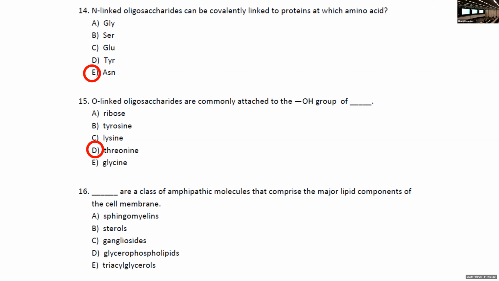A negative phosphate group makes the head group polar, right? So when you have a phosphoryl group, you're going to have a polar head. Does it make sense? That applies to glycerophospholipids, of course, because they contain a phosphoryl group. What about sphingomyelins? Has anyone actually looked at the structure?